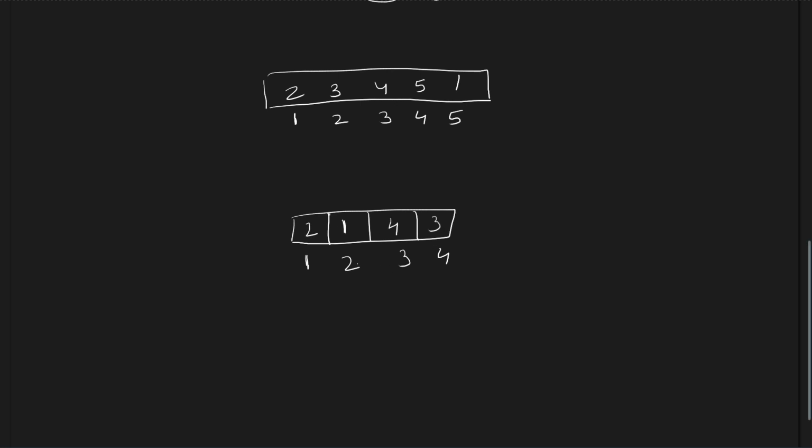So in this case, if you check, GCD of 2 1 is 1, GCD of 1 2 is 1, GCD of 4 3 is 1, and GCD of 3 4 is 1. So this will also lead to large LCM, and this will yield the largest sum of all the given permutations.